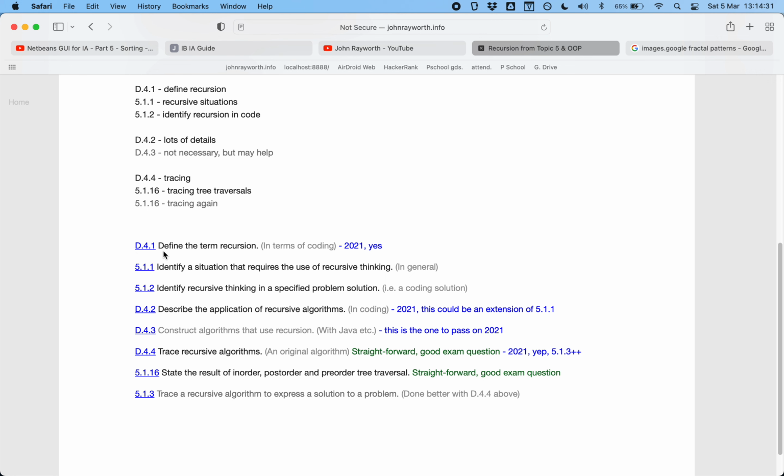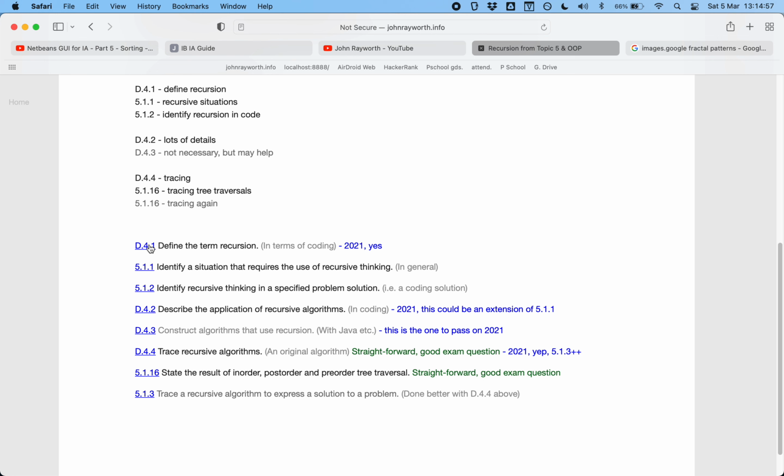But a lot of the best stuff about recursion was from the D. So this is the way that I arranged the notes a number of years ago, and it's the only way to do it. I don't know how people that would just do the 5 would be able to do some of this other stuff. So do your best to go through this. This is the big one. There's just a lot of stuff there.